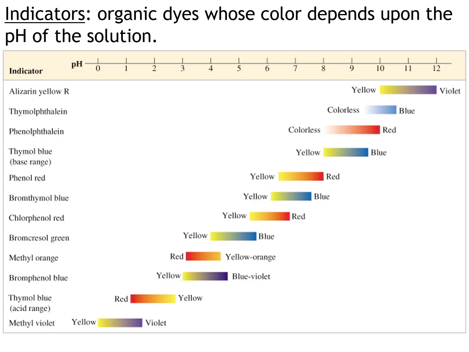Like I said, indicators are organic dyes whose colors depend on the pH of a solution. This slide shows that the pH at which the indicator changes color depends a lot on the actual pH of the solution. And as we'll see, if you have a weak acid or a weak base, this changes the pH at which you have the neutralization point.